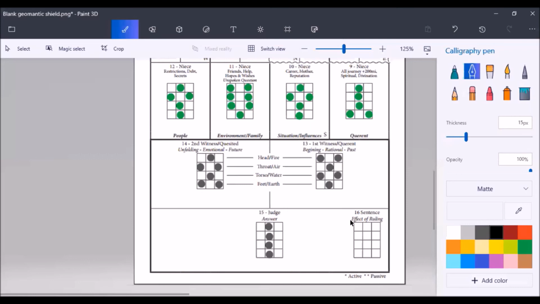Number 1, look directly at the judge, whether it says a yes or a no, or favorable or unfavorable. Number 2, 3, and 4, you have to use the full court: the favorability of it, the time frame, and then of course the quesited and the querent.